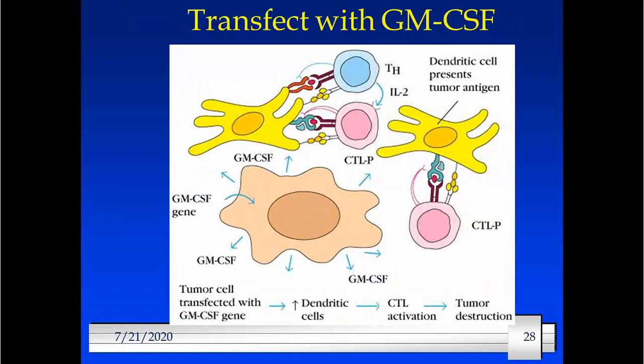We transfect the gene of GM-CSF. GM-CSF leads to an increased number of dendritic cells around the tumor cell, and this abundance of dendritic cells will lead to wide activation of different types of T lymphocytes, starting with T helper and T cytotoxic, and the cross talk between T helper and cytotoxic cells leads to rapid destruction of the tumor.